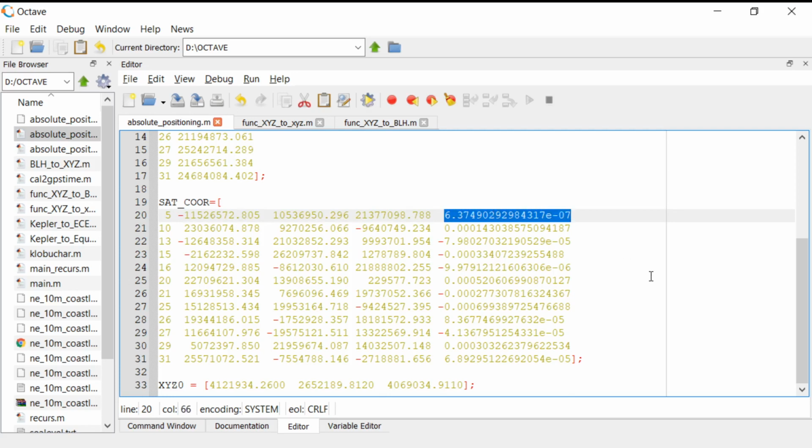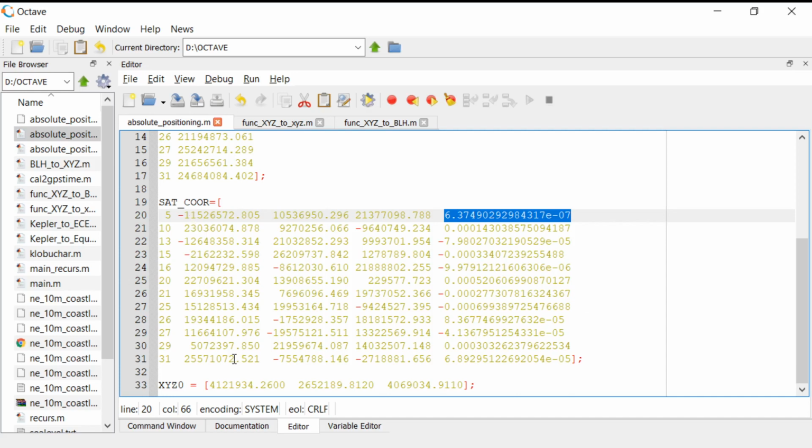As you can see, these clock errors range from nearly milliseconds to the nanoseconds level. Okay, so we now have 12 observations and 12 satellite coordinates.